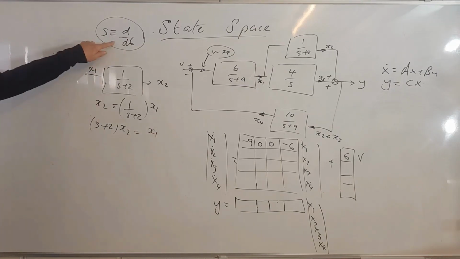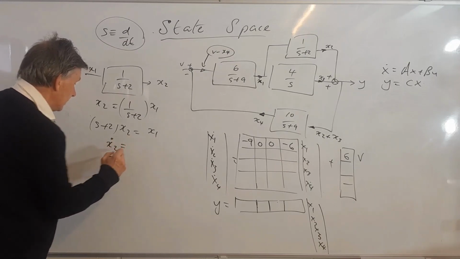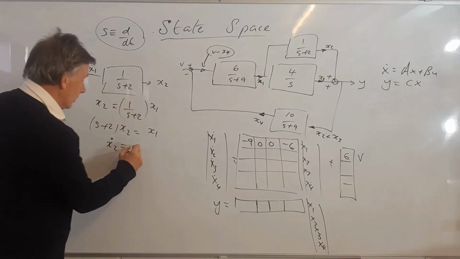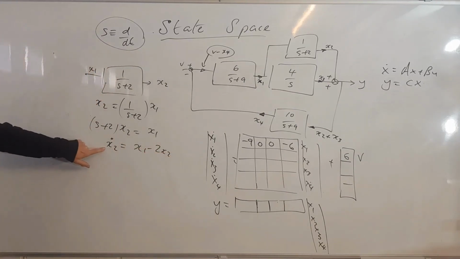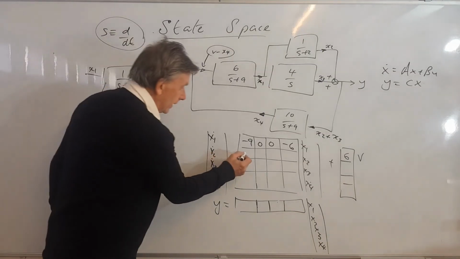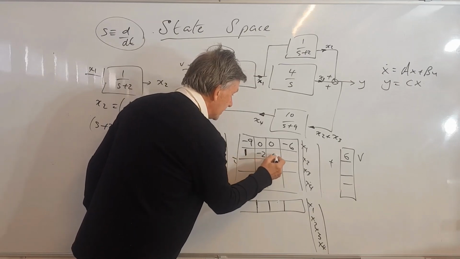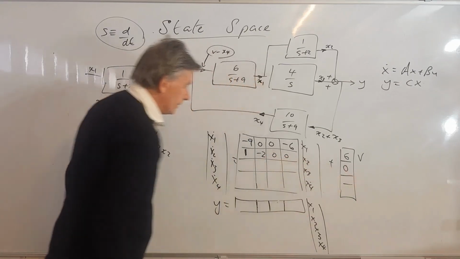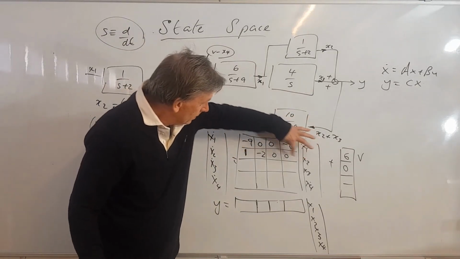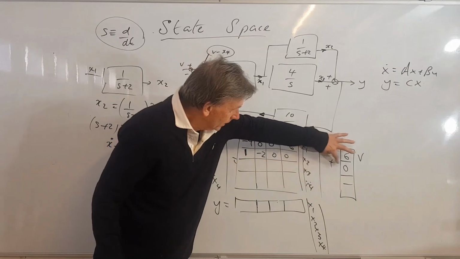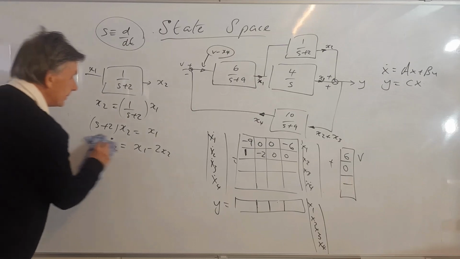Now s is d by dt, so s times x2 is x2 dot. 2x2 on this side will be x1 minus 2x2. So here's our second equation now. x2 dot is x1, so that's going to be 1 in there, and then minus 2x2, and then 0 everywhere else. So x2 dot is that times x1, that times x2, that times x3, that times x4 plus 0. And there's our second line of our state space.